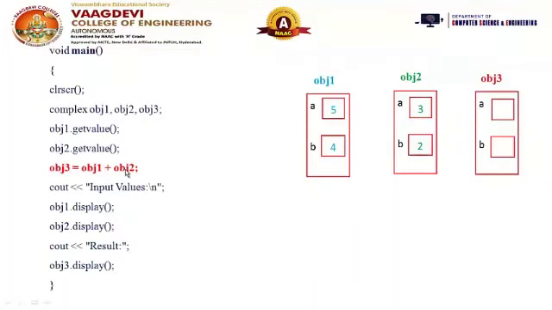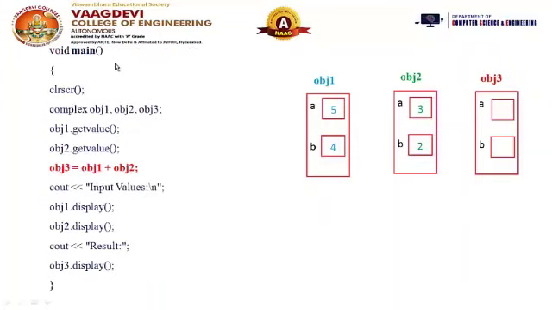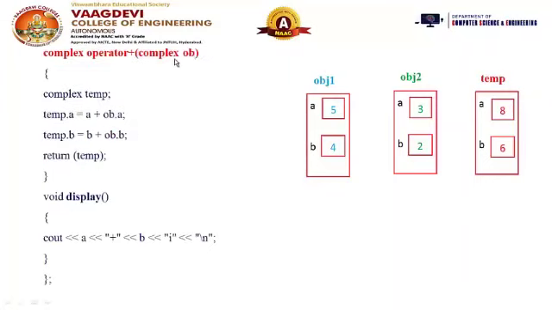At this statement, plus is operating on object 1 and object 2. Therefore, object 1 calls the operator function implicitly, whereas object 2 is passed explicitly as an argument to OB.